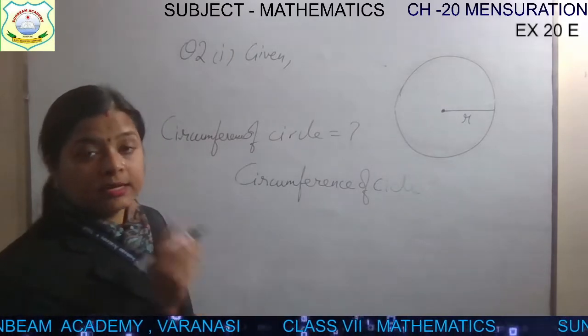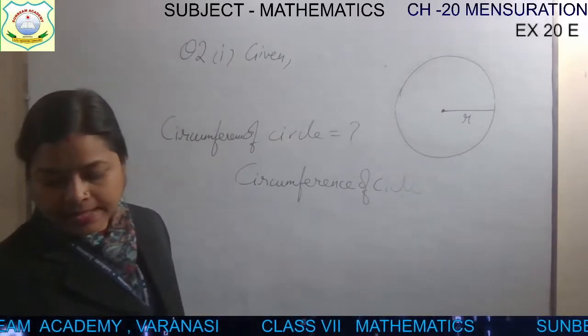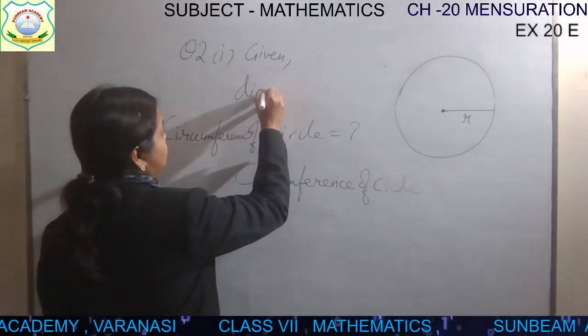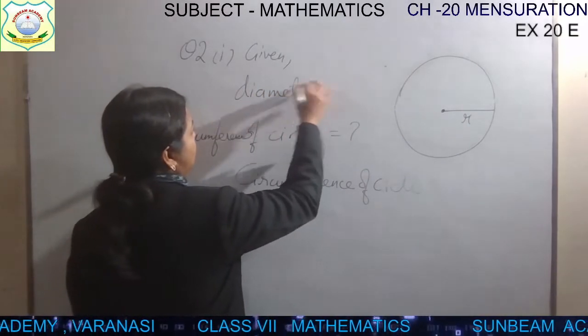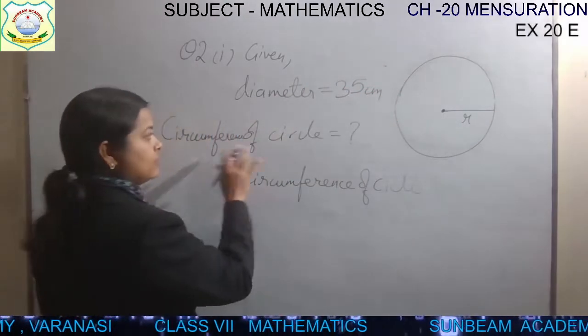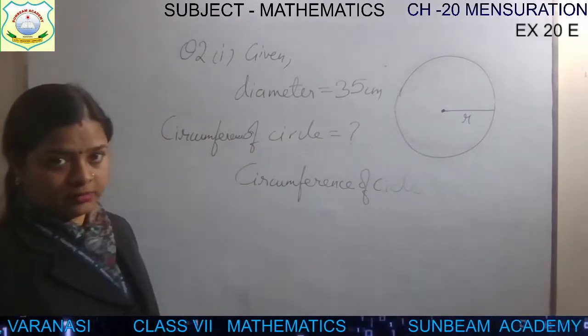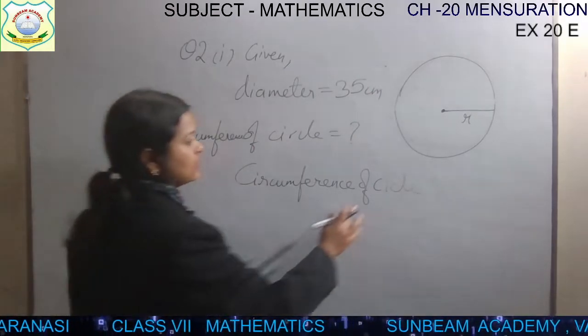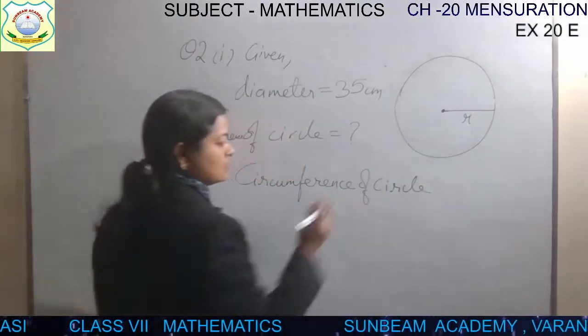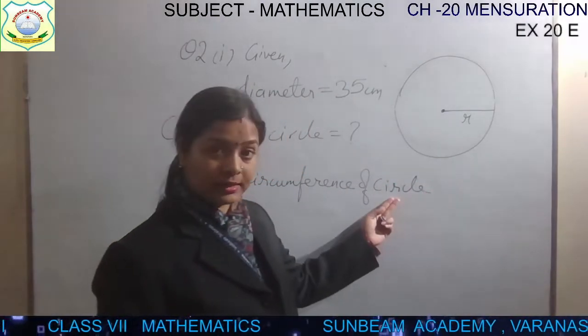In this case, diameter is given to us. Diameter is 35 centimeter. Now circumference of circle we have to find. Circumference of circle is what, children? See, now it's dried up now. That's why I am able to write it.